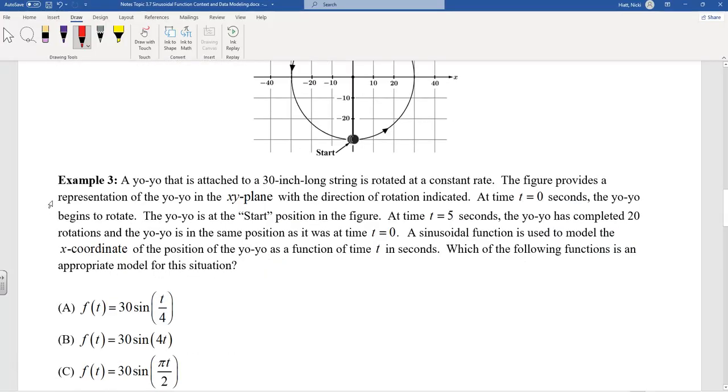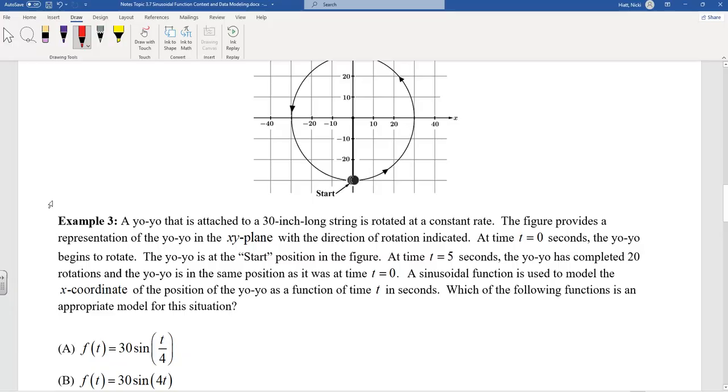Okay, so let's start looking at an application. Some of these things are going to start off kind of silly, because we have to come up with something to work with. So we are talking about a yo-yo attached to a 30-inch long string, right?